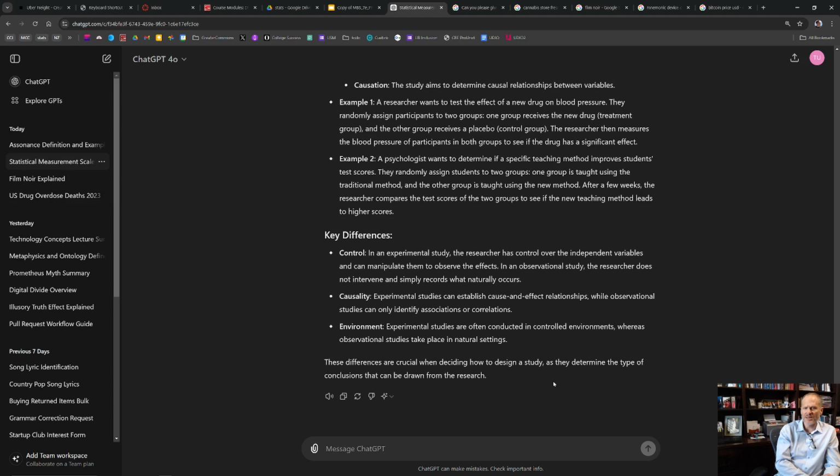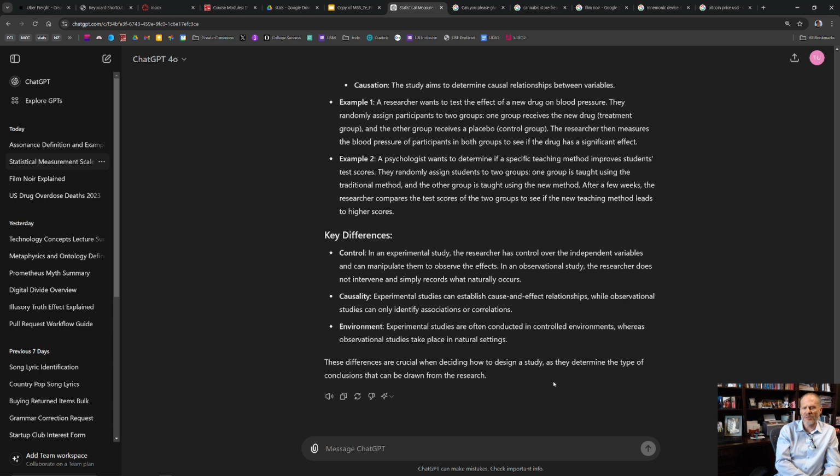Control: in an experimental study, the researcher has control over the independent variables and can manipulate them to observe the effects. In an observational study, the researcher does not intervene and simply records what naturally occurs. They observe what's occurring. Causality: experimental studies can establish cause and effect relationships, right? Like the new teaching method caused greater test scores, while observational studies can only identify associations or correlations.